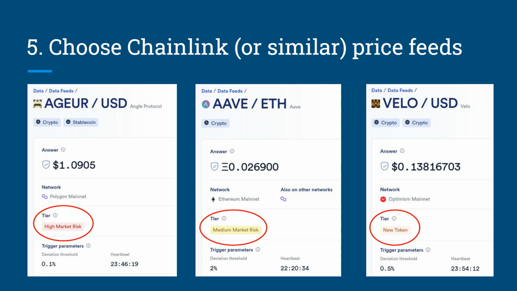And to be honest, I don't know who's even heard of the asset on the leftmost example. I don't want to even try to pronounce it, but some of these assets may not be as liquid. They might not have as much liquidity. And so just saying you're using Chainlink is not always the end of the story, shall we say. There is more analysis needed.